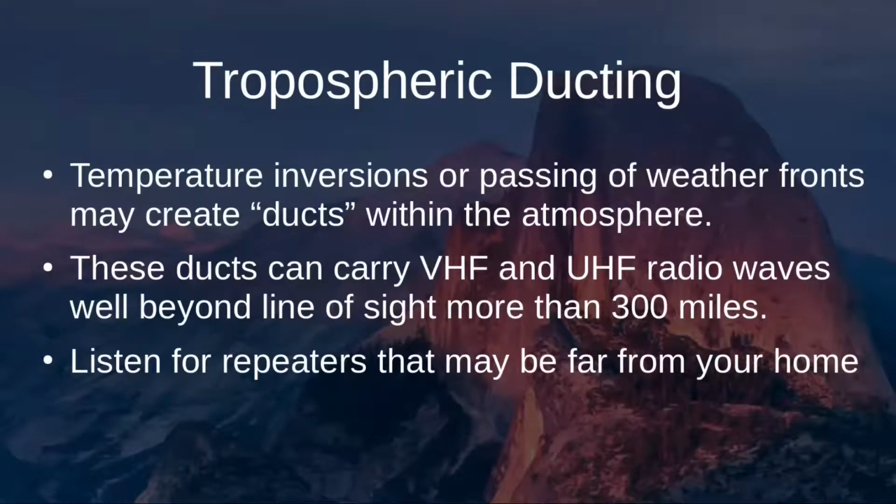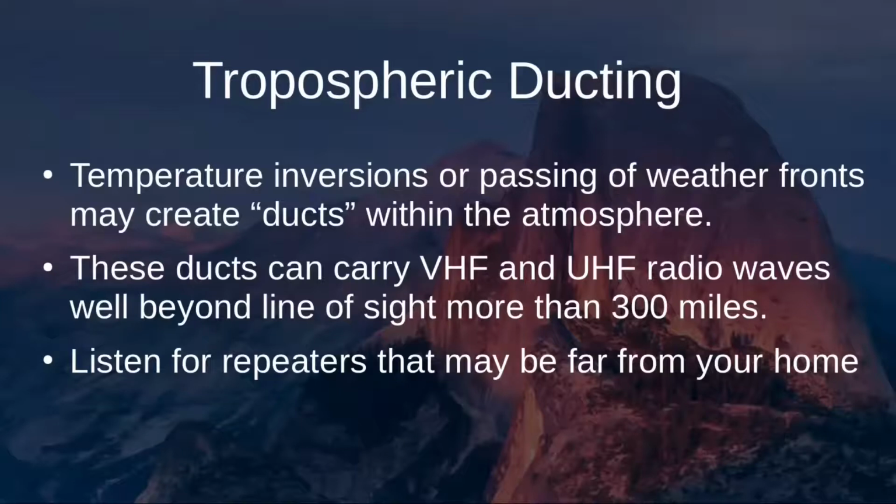These different meteorological phenomena will create ducts within the atmosphere. Not ducts as in quack, but ducts as in your heating and cooling duct. So a path for the radio waves to pass through. So these ducts can carry VHF and UHF radio waves well beyond the line of sight, more than 300 miles.